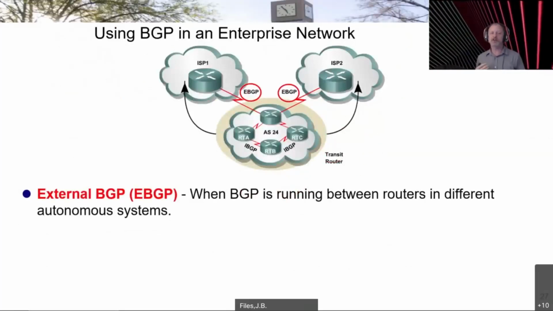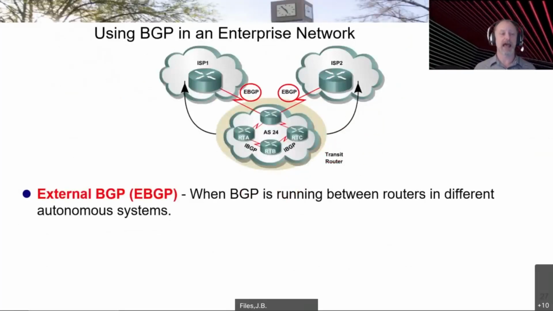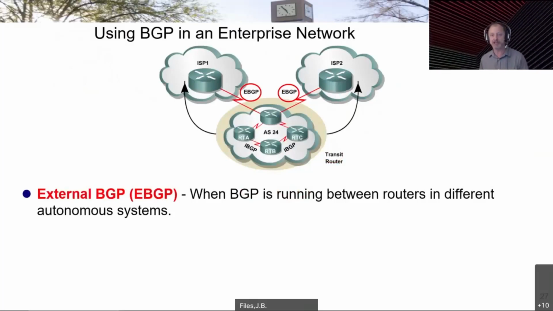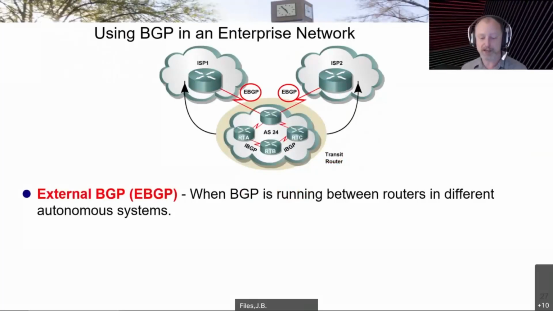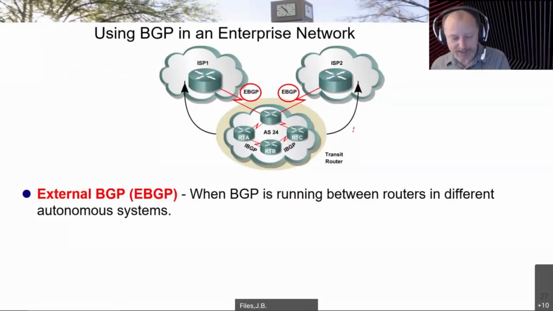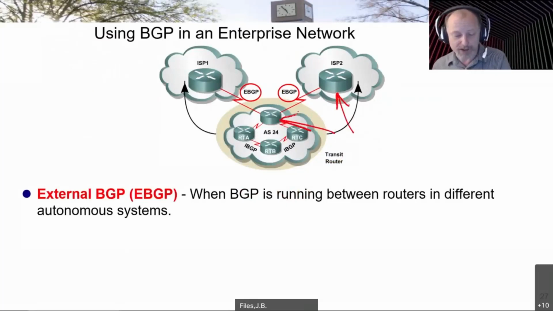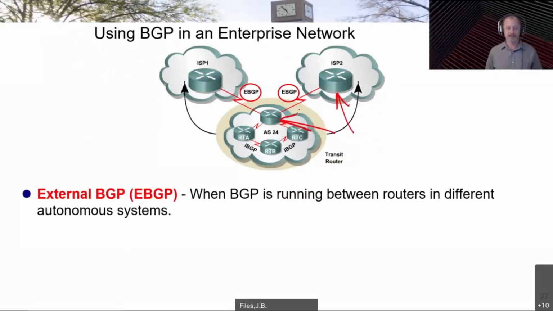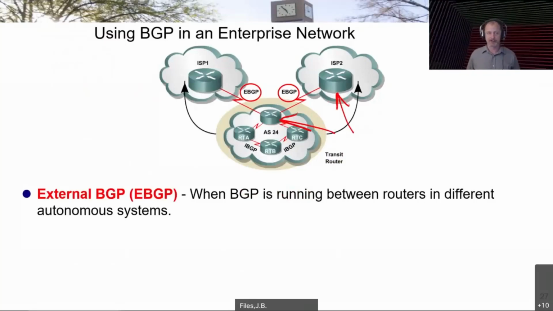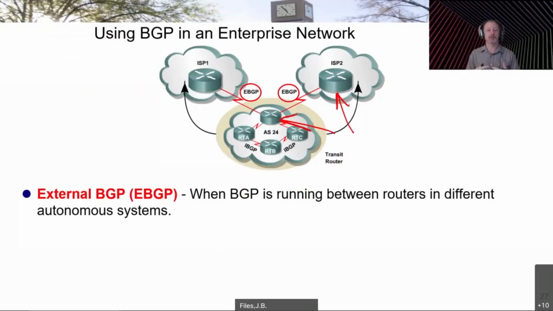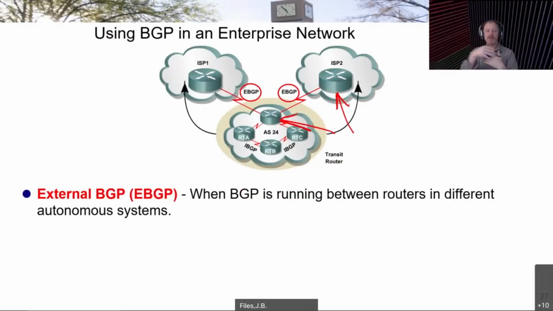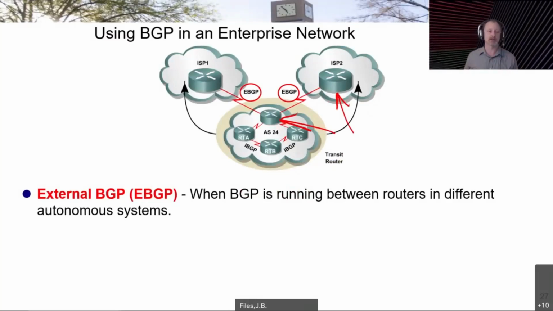Okay, so we've got two different flavors of BGP. We have external BGP, eBGP, and that's when you've got BGP running and it's going between two routers that are in different autonomous systems. Okay, they're communicating with each other, but they view each other as outside of their own autonomous system.